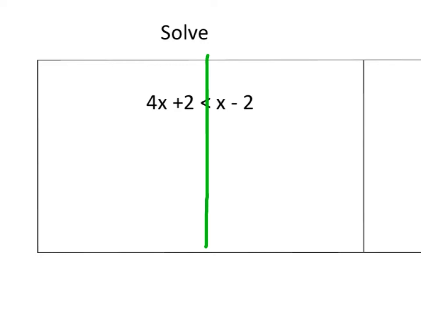So the opposite of positive x is negative x. If I put negative x on the right side, I need to put negative x on the left side. I'm going to draw my line. I can go ahead and bring down the positive 2.